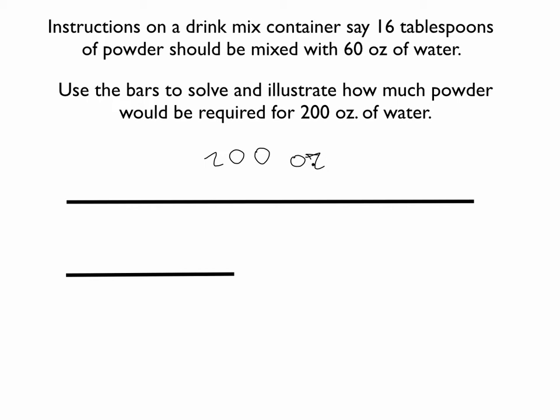And then what? Well, if the top bar is 200 ounces, what does the bottom bar represent? How many tablespoons, right? The bottom bar is now the answer to the question. Well, okay, so I don't know what the answer is, which means there has to be some intermediate stuff. Yes, sir.